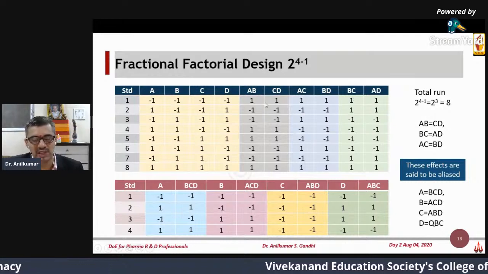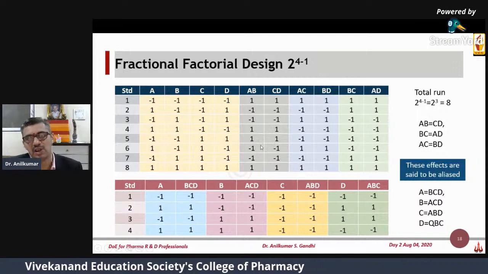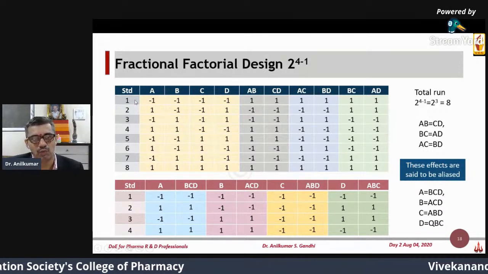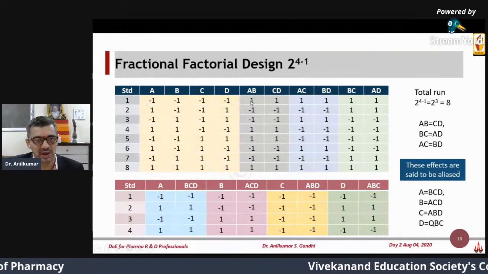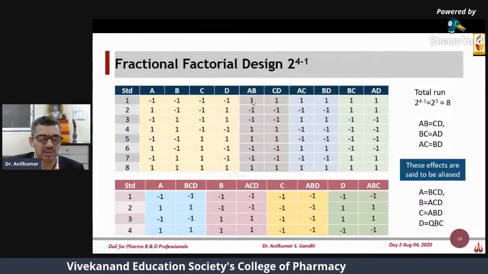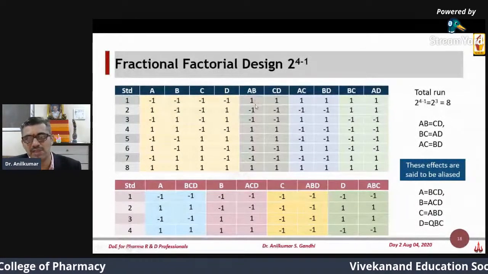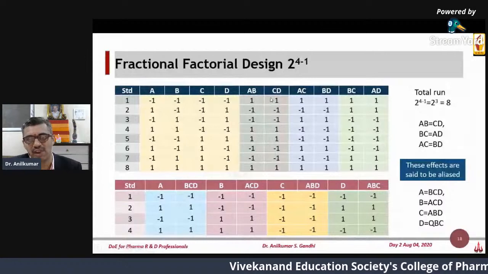Now, when you have the same, let's understand what is the further meaning in terms of labels. What it means is that in a particular standard run, you will be taking 30 milligram of PVP, and that is the A and B factor together, and C and D factor together.